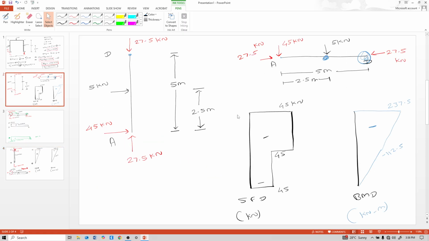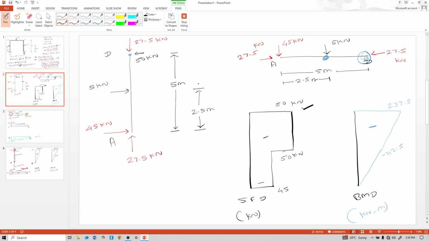See here, this minus 45 minus 5 is 50. Here 50. See, this 45 plus 5 acts on this, and here 45 plus 5, 50 kilonewton, equal and opposite reaction generates here. Shear generated.